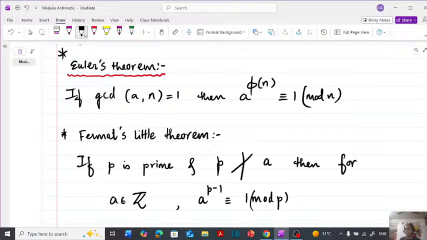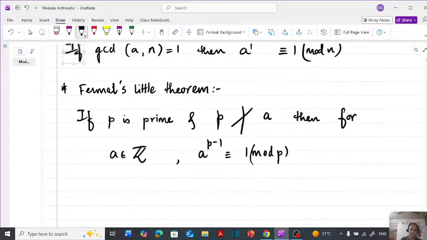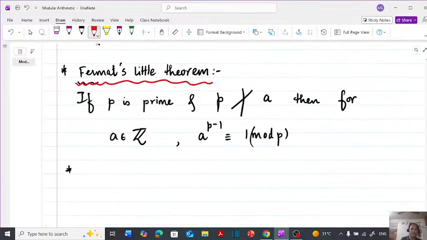Now if you want inverses from here, then from Fermat's little theorem you can also get a very nice thing. If I want to calculate a raised to minus 1, then it would become a raised to p minus 2 over here, and a raised to minus 1 mod p, right?